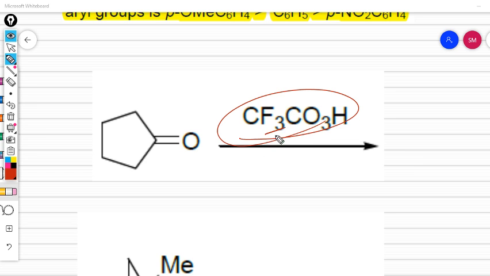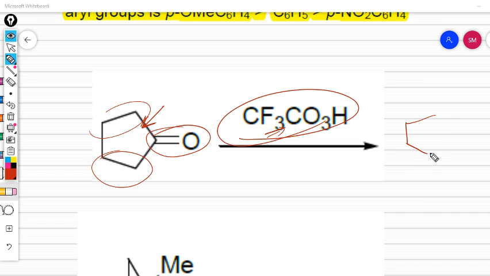Trifluoroacetic acid, which is an acid, in combination with the carbonyl. Here the two groups are very similar. It is a symmetric system, so it is going to add oxygen to any one of these. So, earlier it was a 5-membered ring, and now oxygen insertion will cause it to become a 6-membered ring.